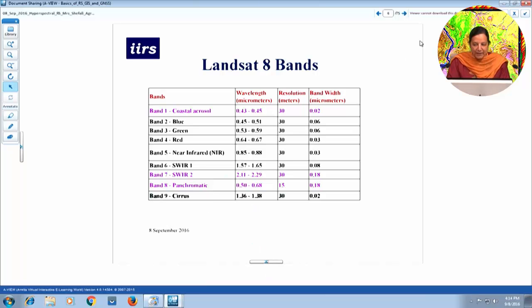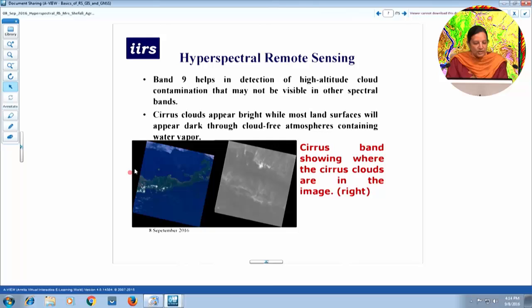So in the visible or the infrared region, what you observe are low altitude clouds, but the differentiation of the high altitude cloud is not visible. These are the cirrus clouds, even this area, which is not visualized in the other bands.